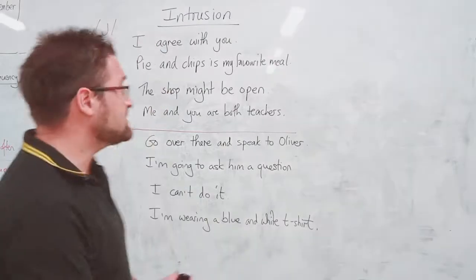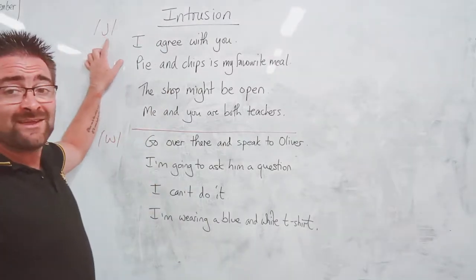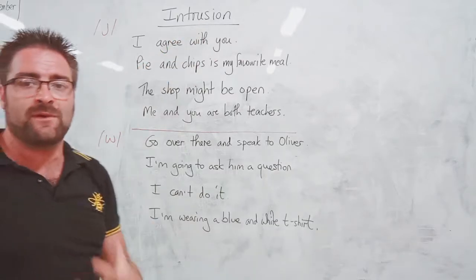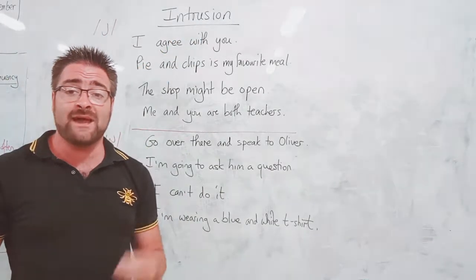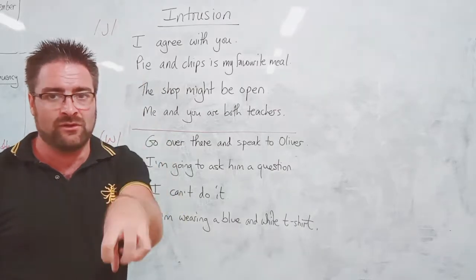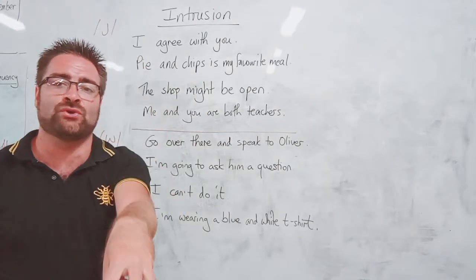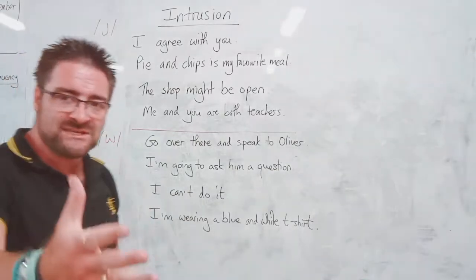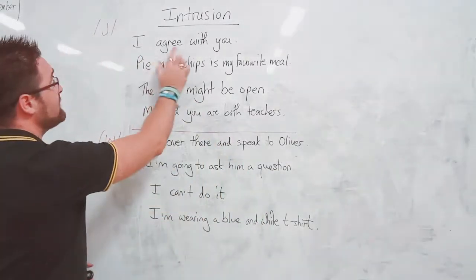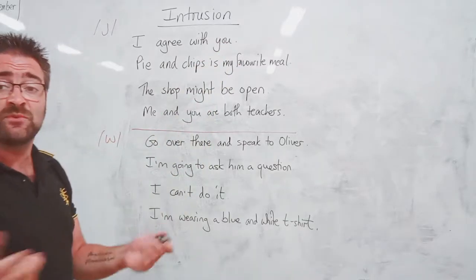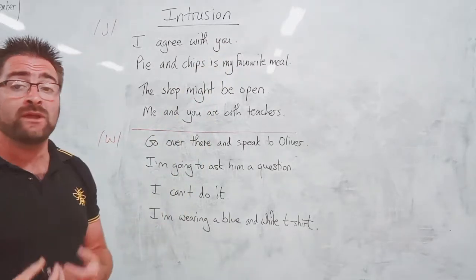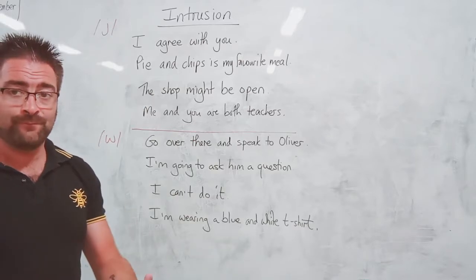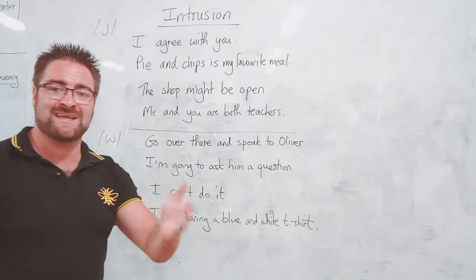Okay, so let's start with the first one, and that is this sound y. Now, the topic that we're talking about is called intrusion, and that is when an additional sound almost jumps into the middle of a sentence. Let me explain what I mean. If we look at this first sentence, and we speak slowly, we say, I agree with you. So we've got four separate words.